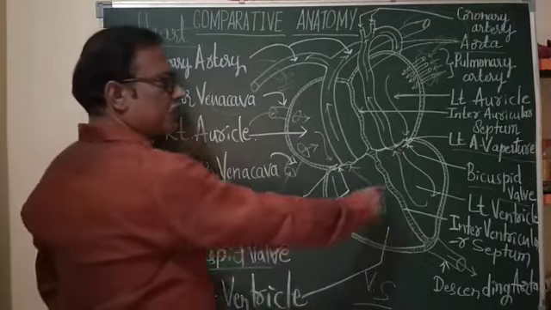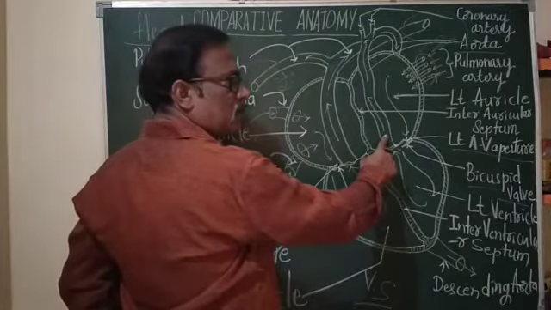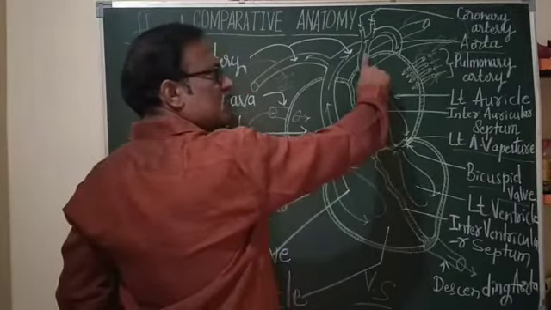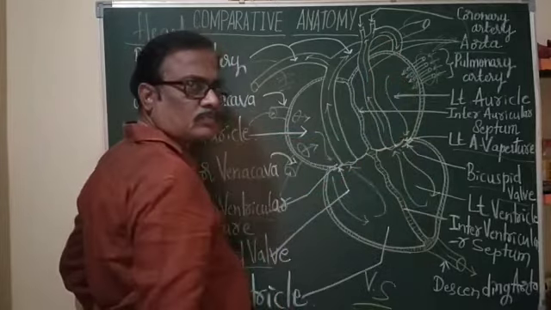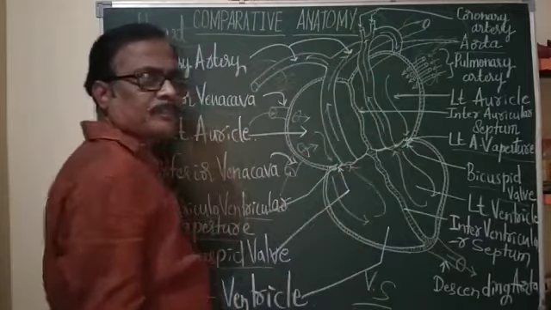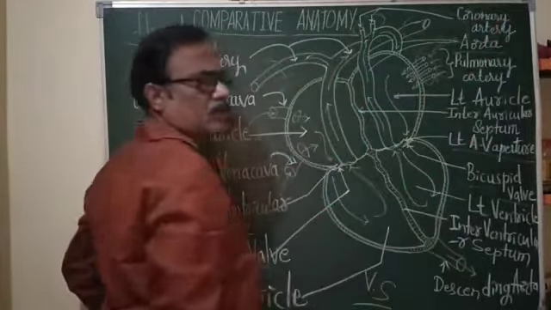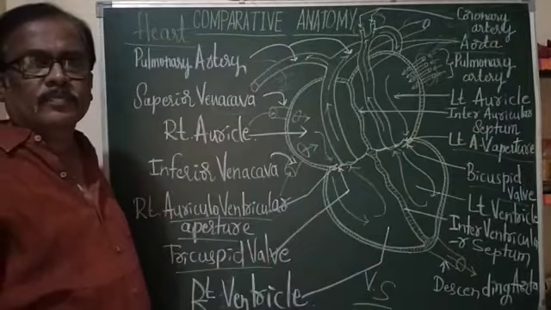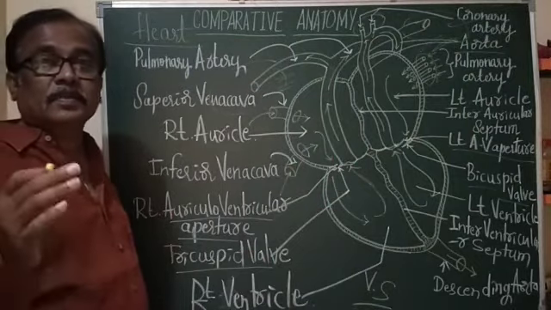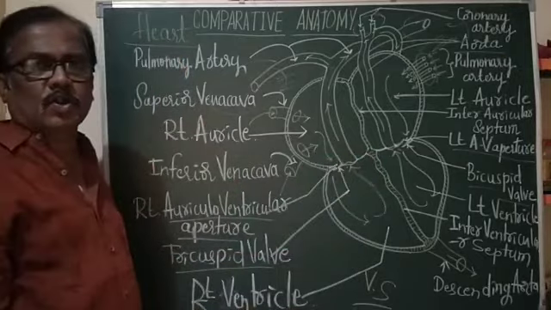So from the left ventricle, blood flows into the aorta. The aorta, after its emergence from the heart, gives rise to two branches, and these two branches are called coronary arteries. Coronary arteries supply the blood to the wall of the heart for its normal function.